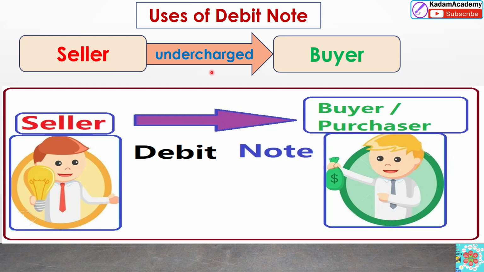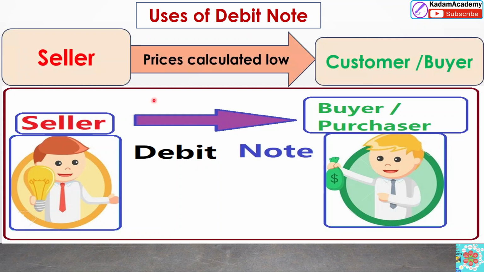For example, calculated with the wrong scale prices, you can create an undercharge by the seller. In that case, the debit note is given by the seller to the buyer, because the rate was undercharged. That's why the seller gives the buyer a debit note.